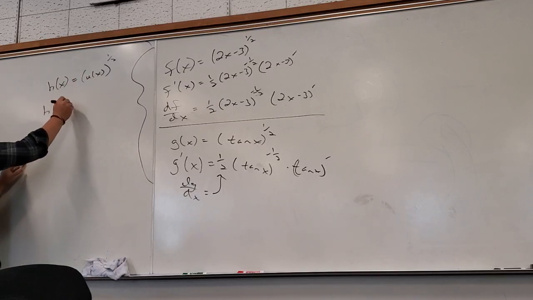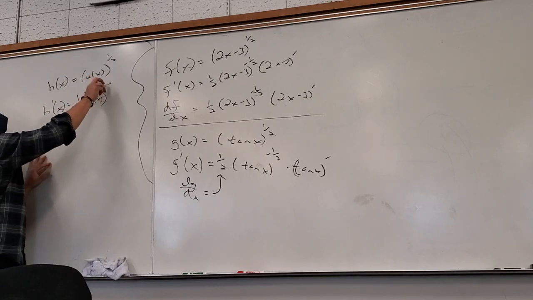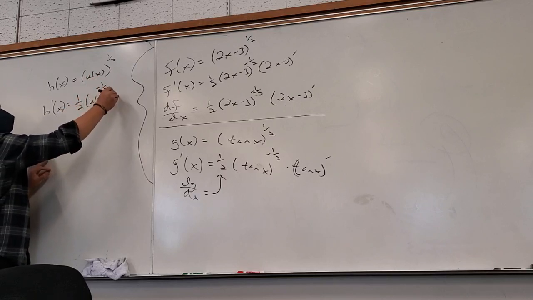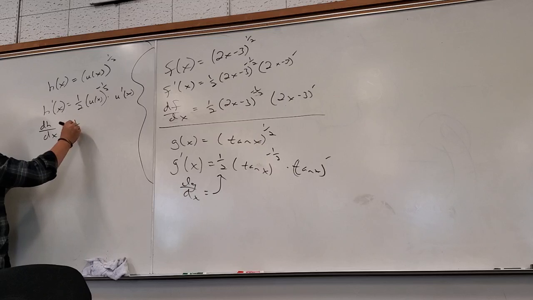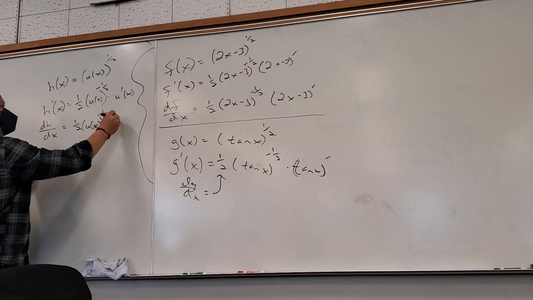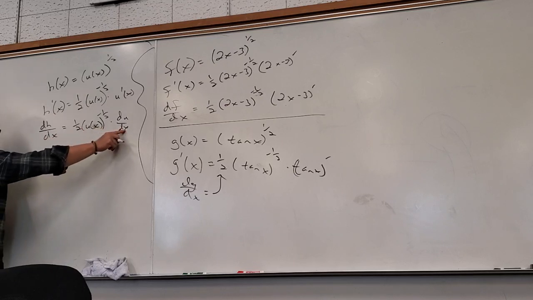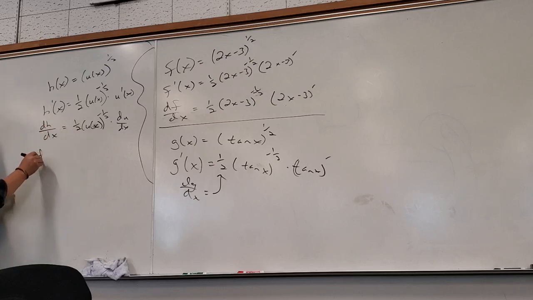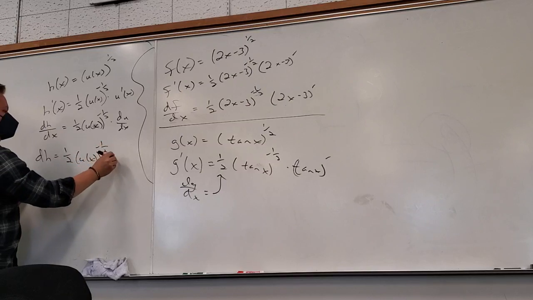No matter what that was, how would it work? 1/2 u of x times derivative, or negative 1/2 times derivative. And what would this be? This would be dh dx, right? Times du dx, right? So you see how the dx's can cancel? So this would be dh equals 1/2 u of x to negative 1/2 du.